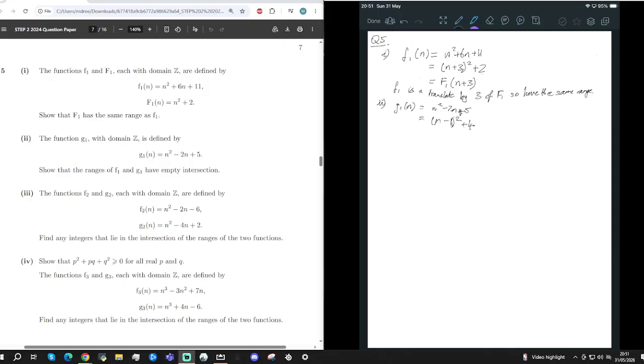Because it looks like here, f1 is always 2 more than a square number, whereas g1 is always 4 more than a square number. So if we can somehow cleverly show that those can't be the same, that there's no number which is 2 more than a square number and 4 more than a different square number, then we're all good.